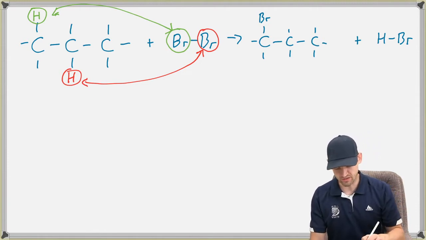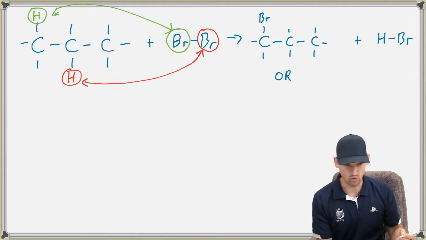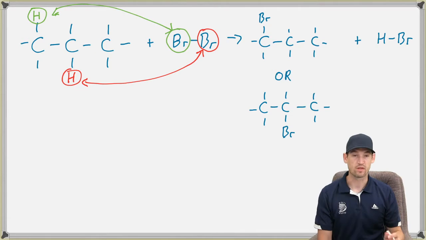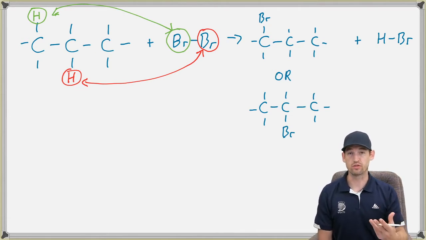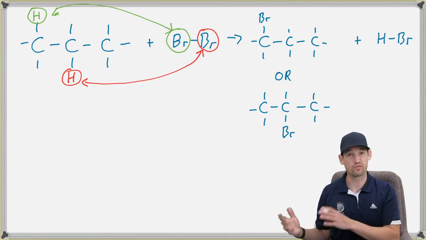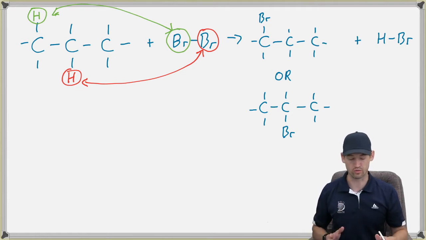But the idea here is that now we have a different possible product. So we might end up with a 2-bromopropane if it switched with a different hydrogen on the molecule. Now, if you go farther into chemistry, you'll learn about whether the H's on the end carbons are more likely than the middle carbons, and there's a whole bunch of rules that go along with that.